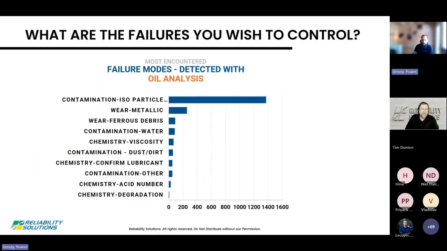Very similar with oil analysis. Analyzing a few thousand oil samples, and surprise, the top failure mode is contamination, particle contamination, right? Why is that? Well, we receive the oil, we don't filter it when we receive it, or we filter it with bad filters with a poor beta ratio.